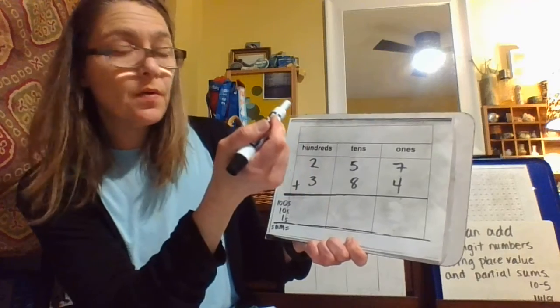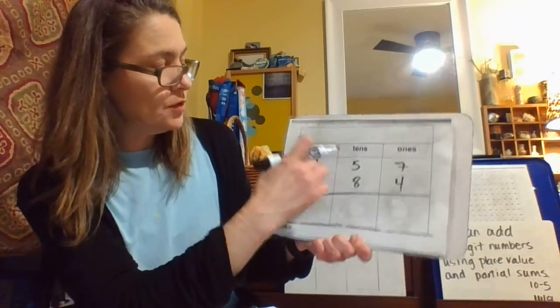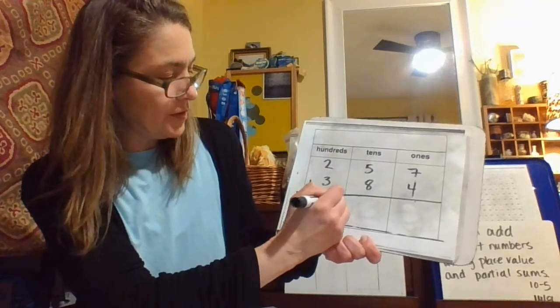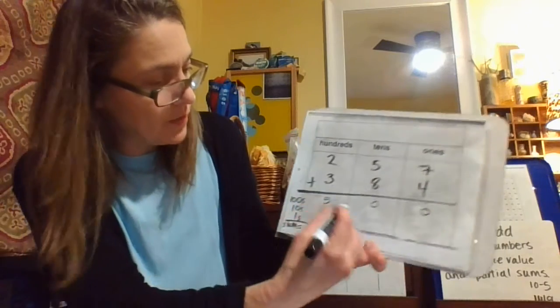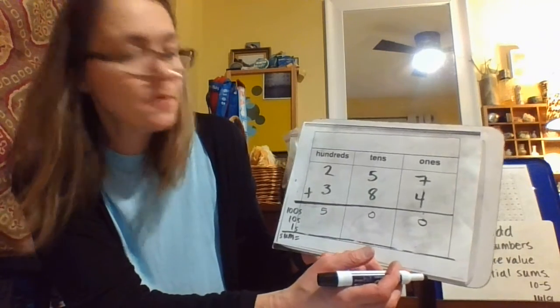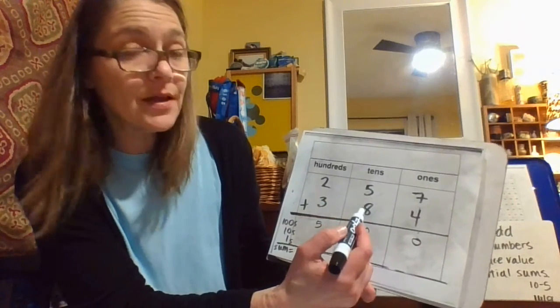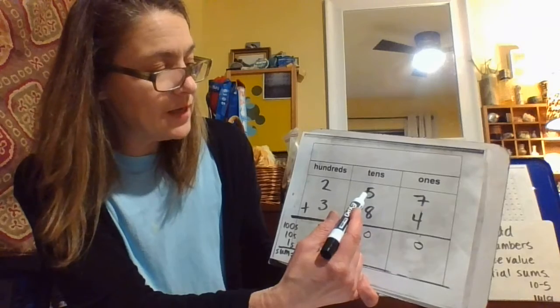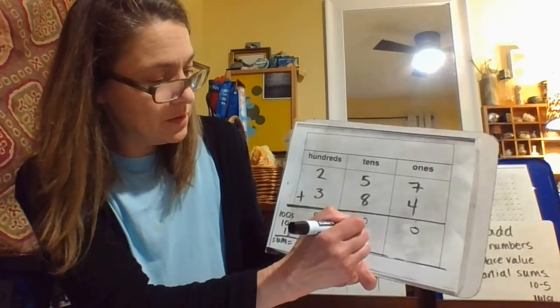So they will add the hundreds first. So 200 plus 300 is 500. And you see you have the hundreds here. And so you add the hundreds first. It's 500s, and there's 0, 0, and the tens and the ones. Then they want you to add the 5 tens and the 8 tens. And 5 tens and 8 tens equals 13 tens.